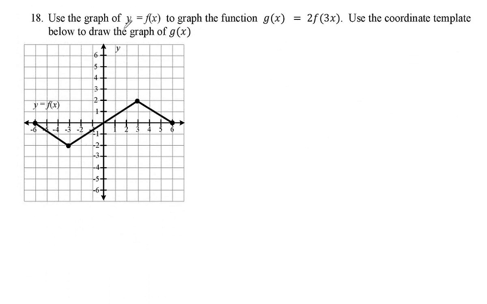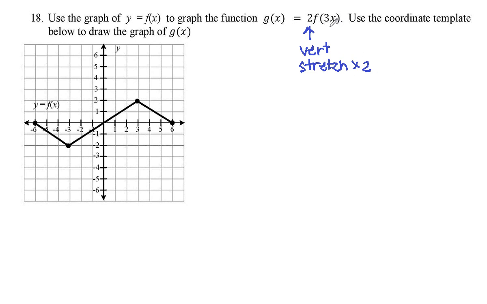And then in 18 here, we're given y equals f of x. This is the graph of f of x here. And we're going to graph g of x is 2 f of 3x, again on the same coordinate axes. So remember, multiplications outside here are stretching factors. So this is a vertical stretch times 2, by a factor of 2.